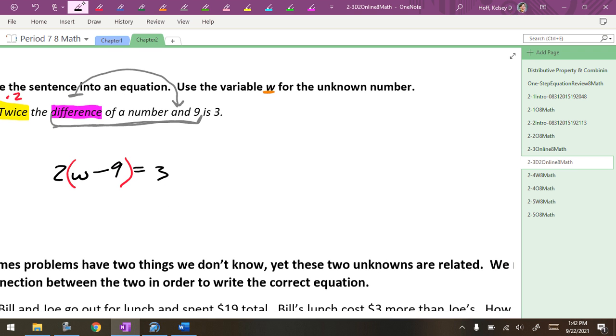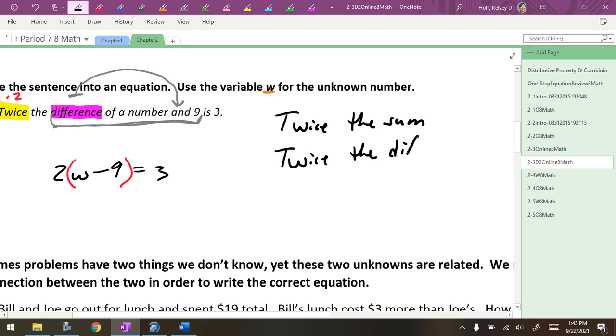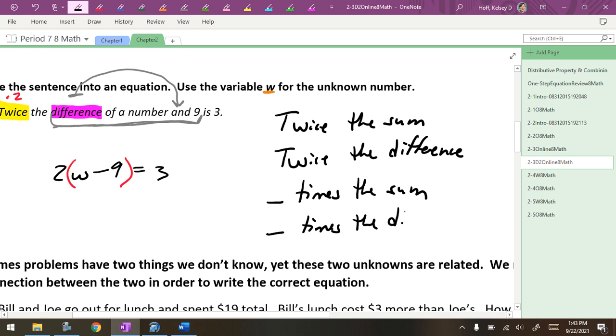When you have the phrase twice the sum, twice the difference, blank times the sum, or blank times the difference, that means I want to take 2 times, or whatever number they're talking about, times the answer of the addition or times the answer of subtraction.